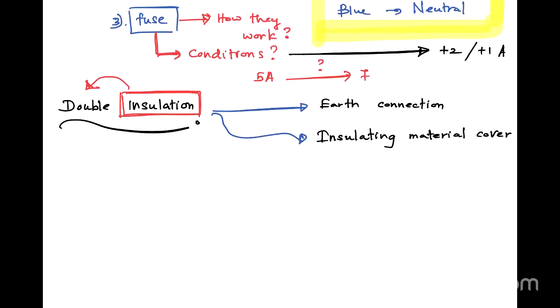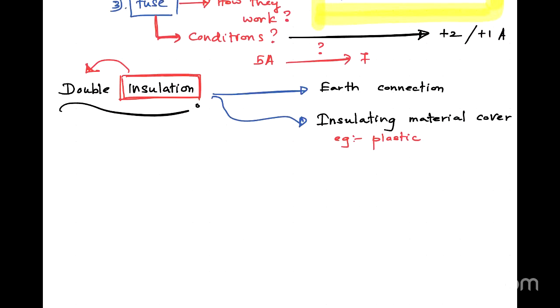But nowadays most irons and even electric kettles are made out of plastic. So plastic is used as an insulating material. So here it can be plastic, like those materials, right?